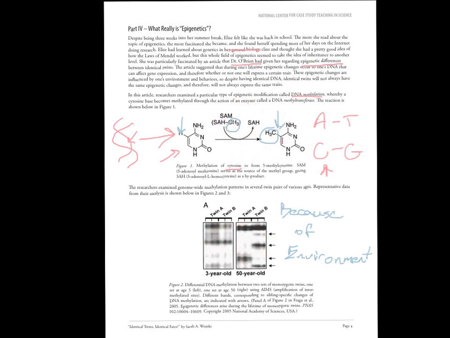And here are the 3 spots, here, 4 spots, here, and here, that you get methylation occurring. So this result shows you that at the 3-year-old, this is the DNA at the 3-year-olds for twin A versus twin B, but this is at 50 years old. You see that there's a difference.